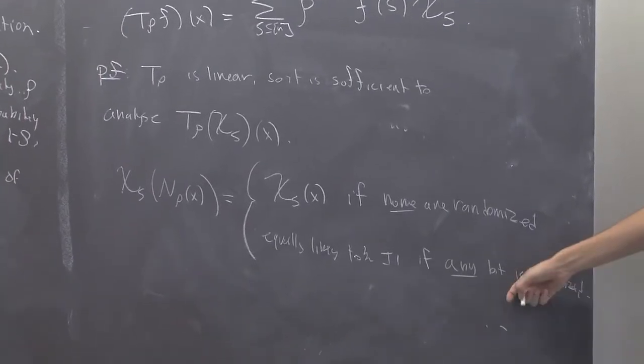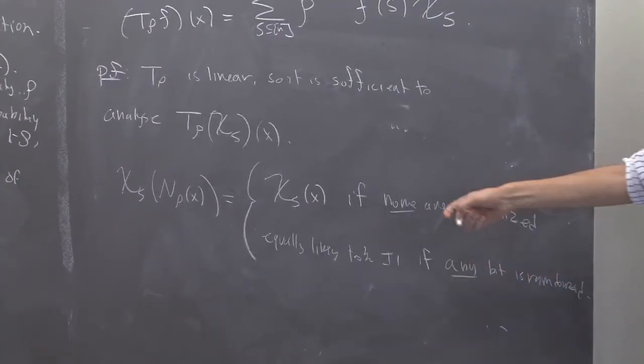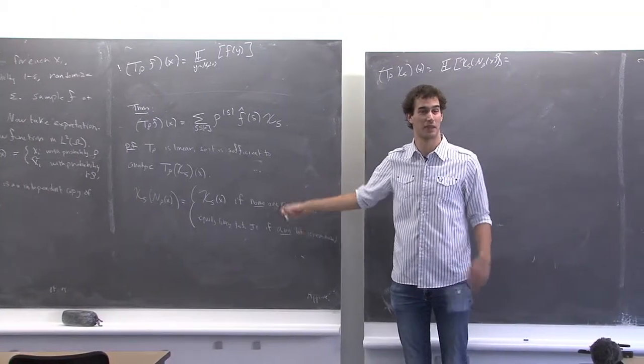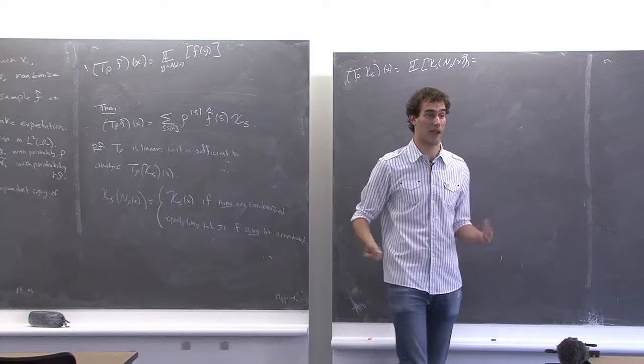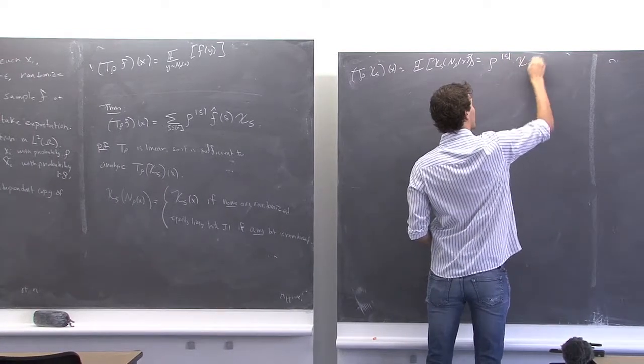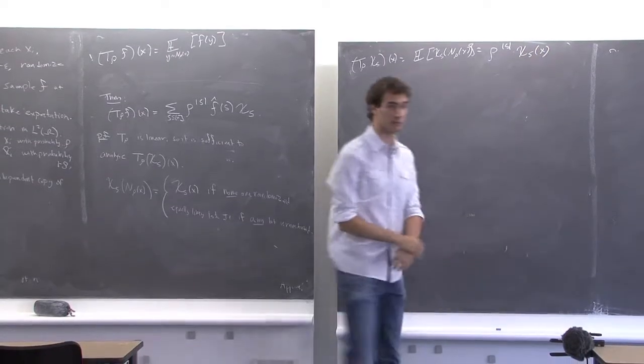We just need to come up with the probability of none of the bits randomized, but that's an independent event, and the probability of that is rho to the size of S, and we get out rho^|S| chi_S of x.